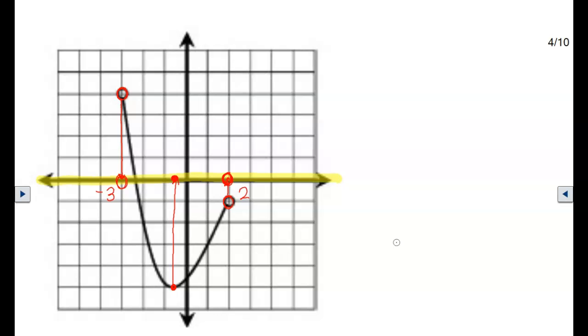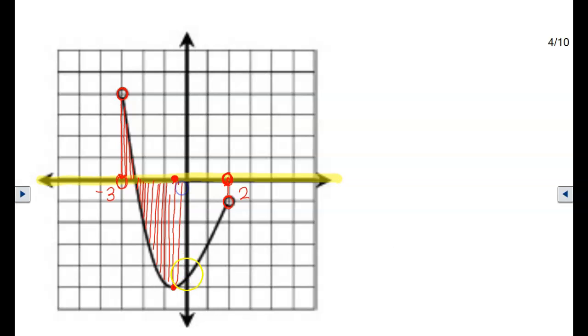So right now I've identified 3 numbers that are in my domain by tracing those points back to the x-axis. But what I want you to keep in mind is that for every point on this graph, I should be able to do that. So all of these points would trace back to this area. And then if I come over here, all of these points on the graph in this section would trace back to this part of the x-axis.